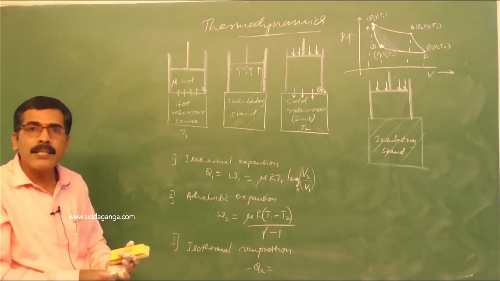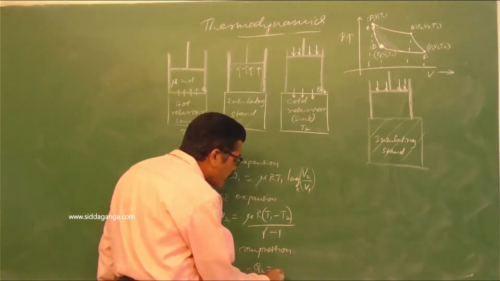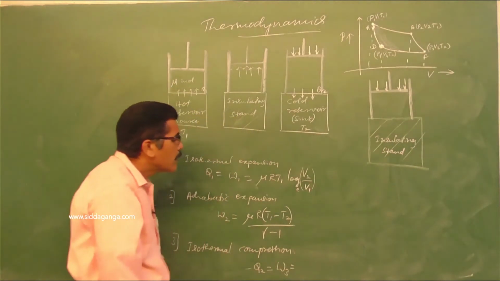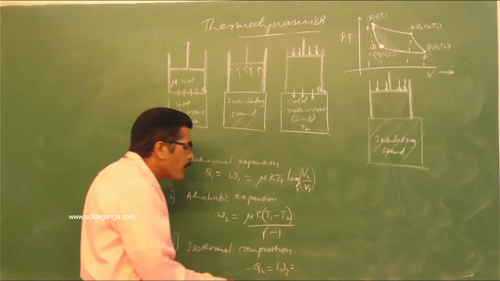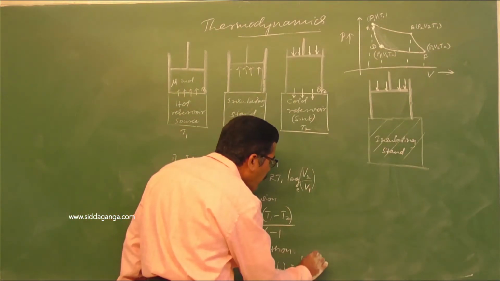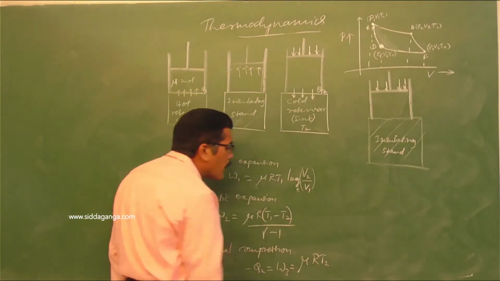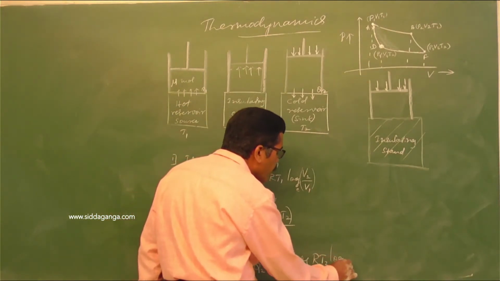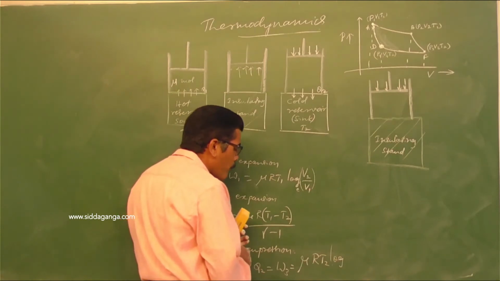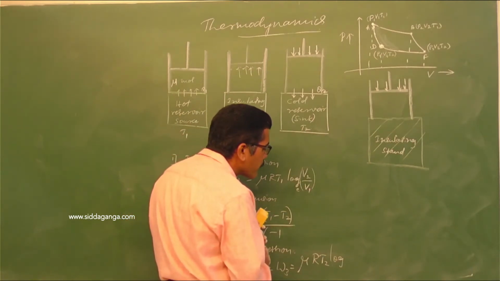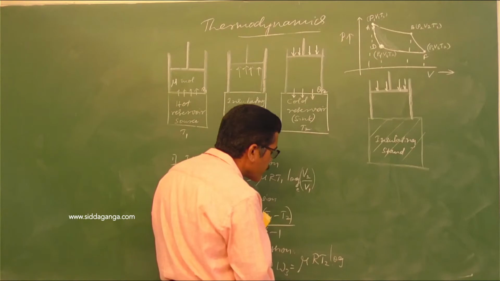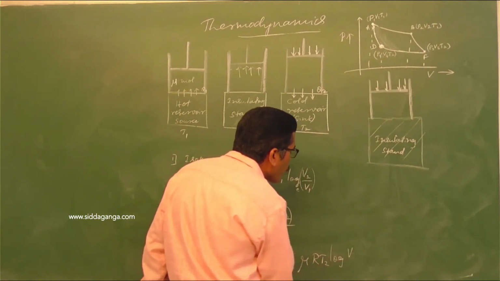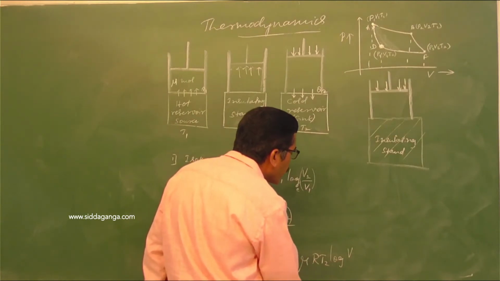And here work done is W3. W3 is given by mu into R T2 log of V4 by V3.